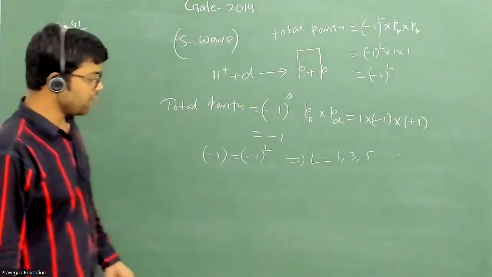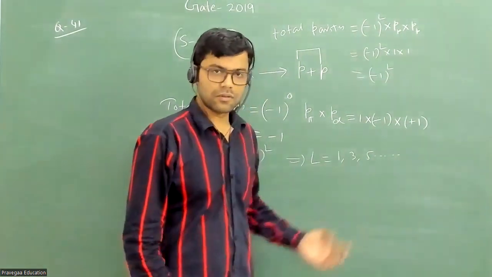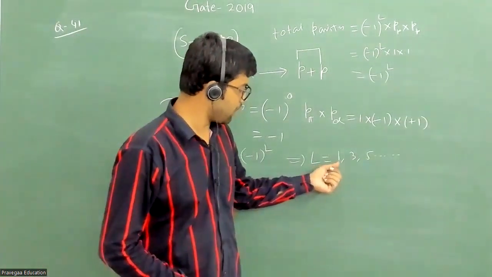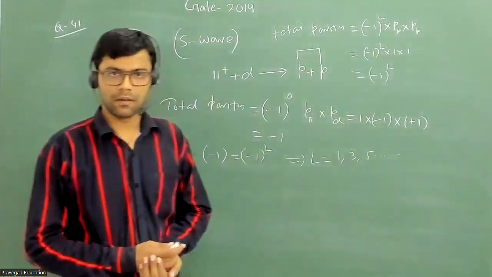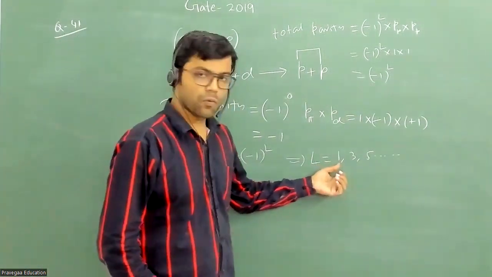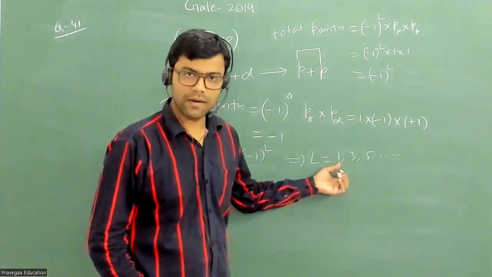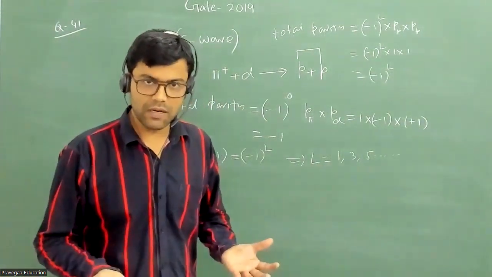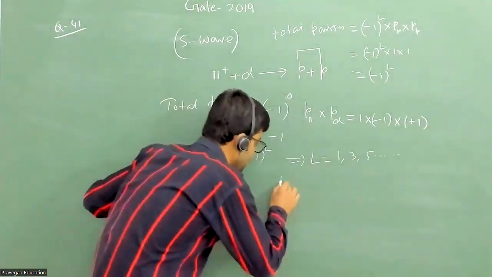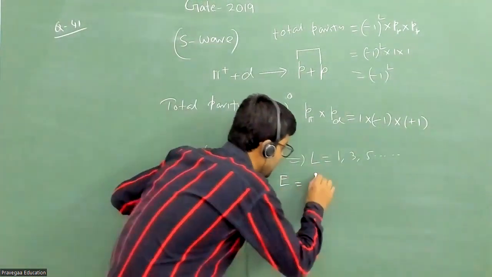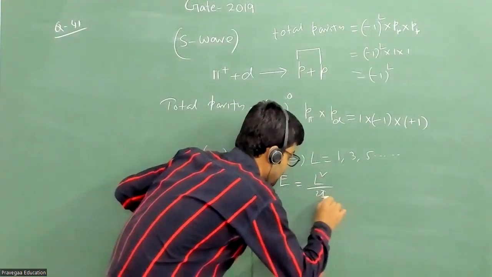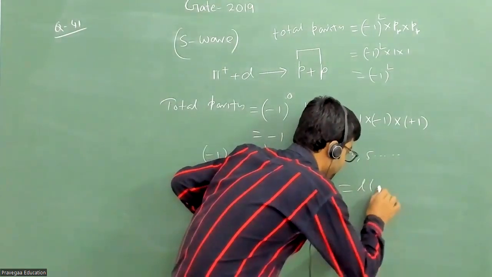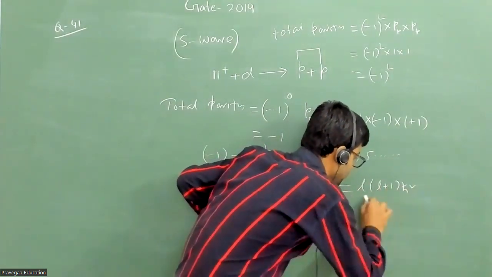Okay, in the options you have 1 as well as 3. It's a multiple choice question. So here 1 is given and 3 is also given. But L equals 1 will be the most probable, this will be the correct one. Why? Because you know that every system wants to stay in its lowest energy configuration. The energy associated with L will be L squared by 2I, or you can say L(L+1) h cross squared by 2I.